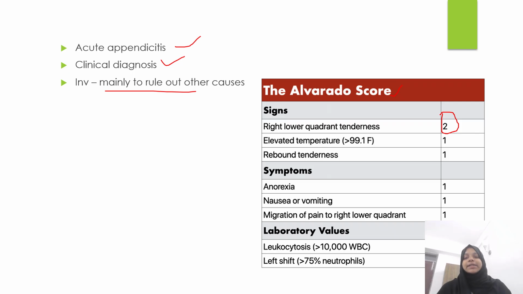All others like elevated temperature, rebound tenderness, anorexia, nausea, vomiting, migration of pain to the right lower quadrant, and left shift score 1 point each. In this patient, they had all these things, that is right lower quadrant tenderness, elevated temperature, rebound tenderness, anorexia, nausea, vomiting, and migration of pain to the right lower quadrant. So this is more likely to be acute appendicitis. We'll discuss other options as well.